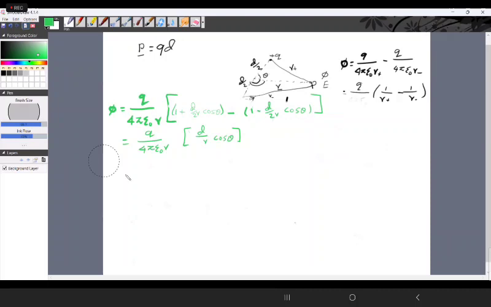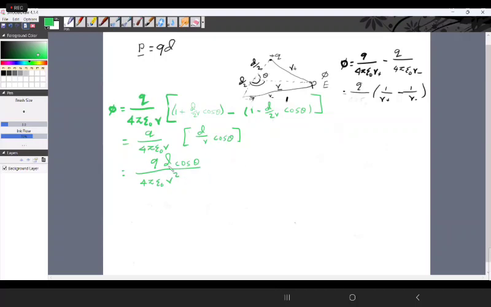Finally, what we can have: phi is equal to q over 4 pi epsilon naught r, and here we have d cos theta over, with one r here and another r, so we have r squared.